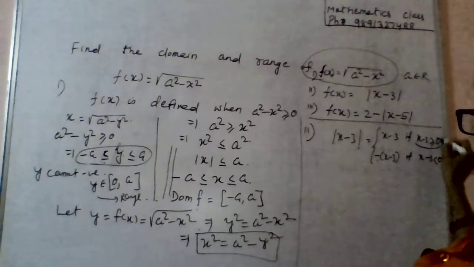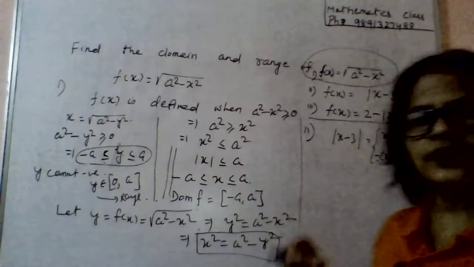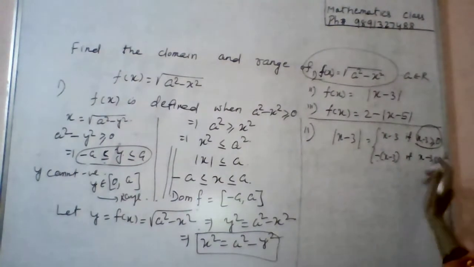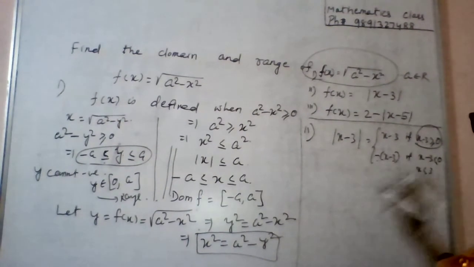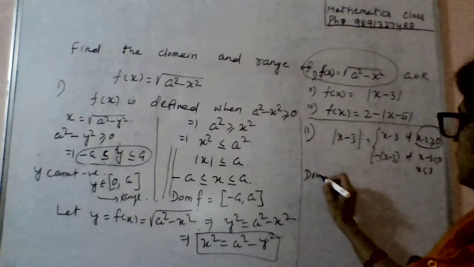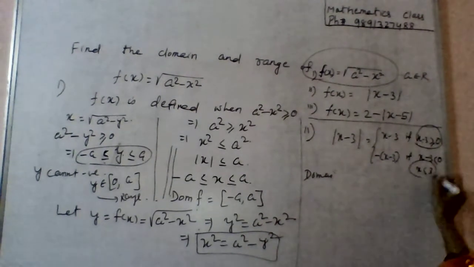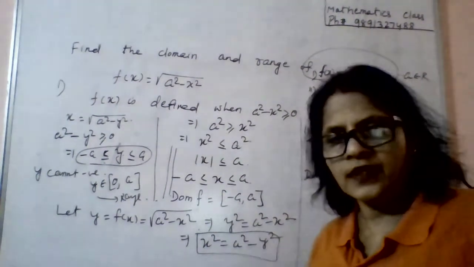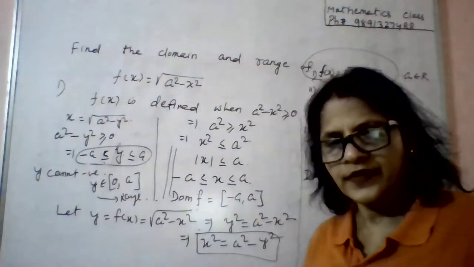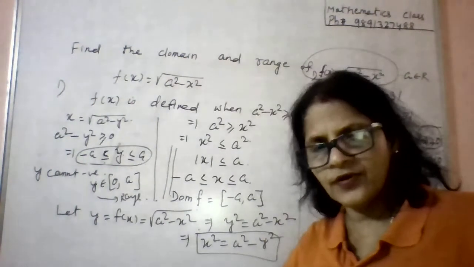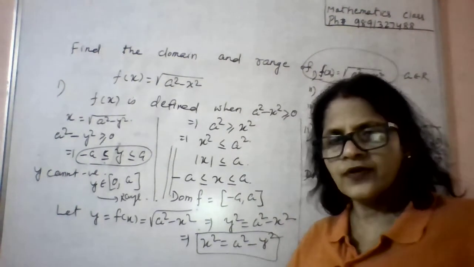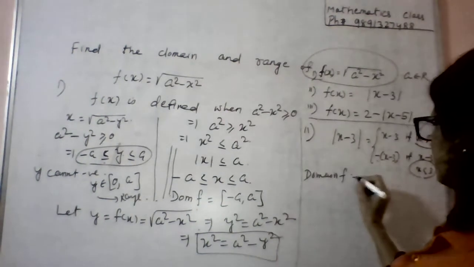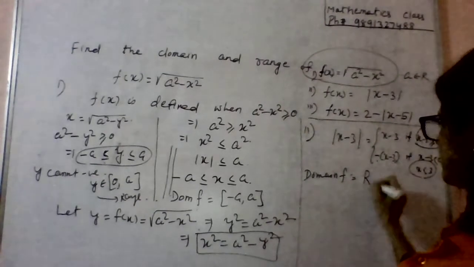So x minus 3 greater than or equal to 0 means x is greater than or equal to 3, and here x is less than 3. So what is the domain? We are covering x less than 3 and x greater than or equal to 3, so x equal to 3, greater than 3, less than 3. It means the whole real number line is being covered. So the domain of the function is the set of real numbers.